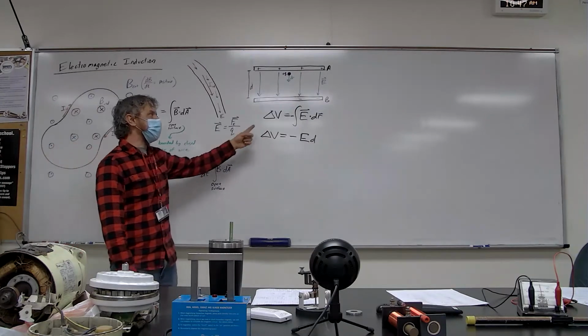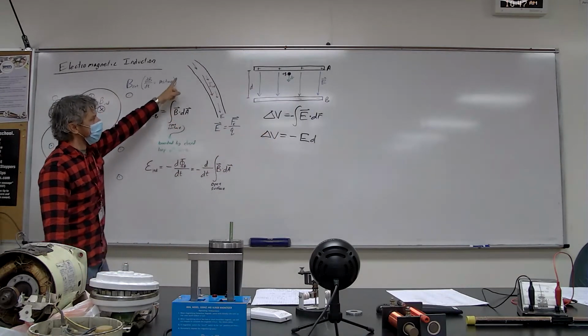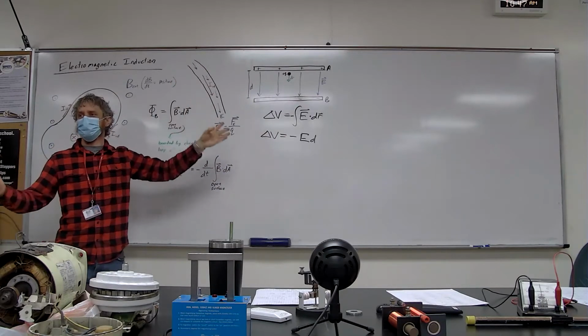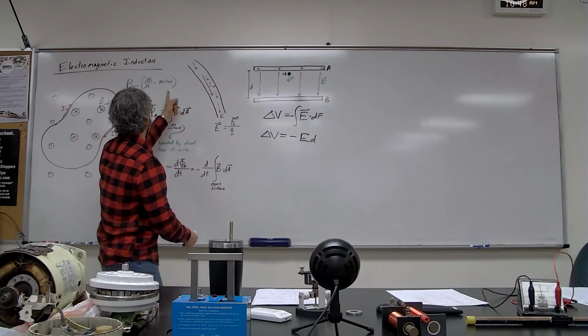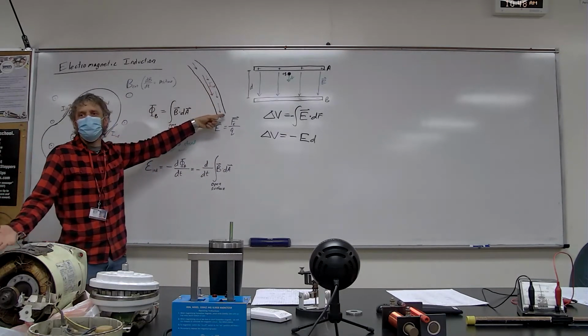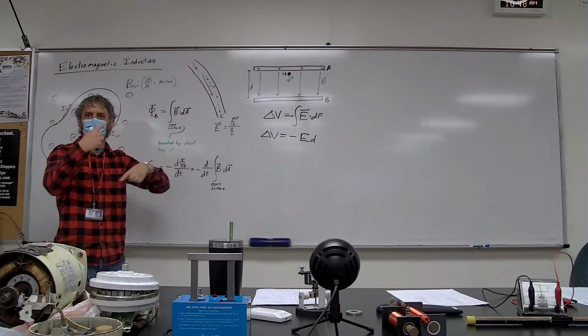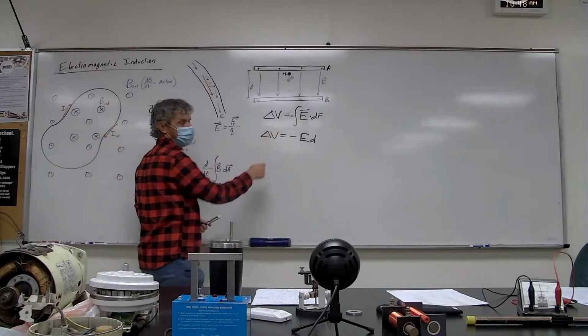We use the same general idea here to determine an alternate version of the expression for the induced voltage. We take this entire wire, which we assume has a constant electric field if the current is the same in all parts of the wire, and we do the same integral.